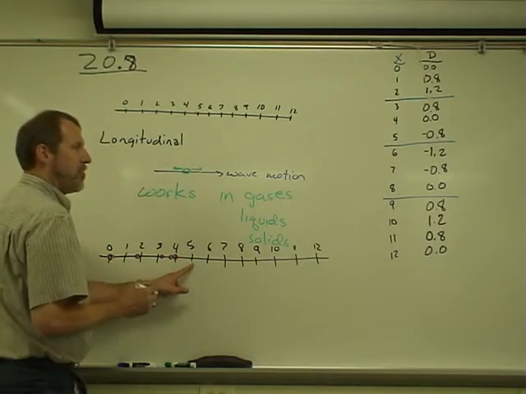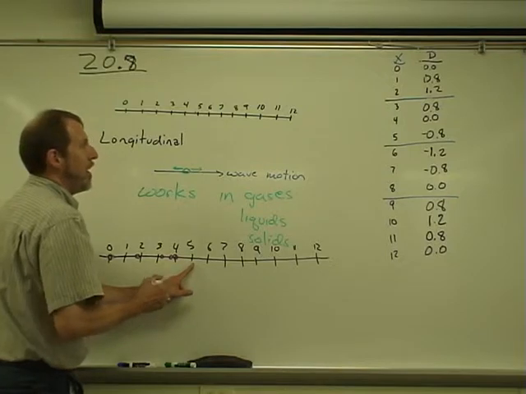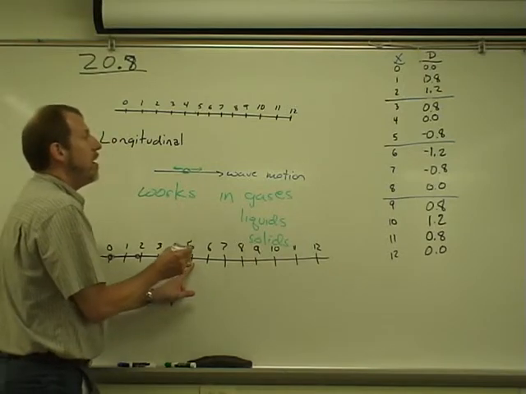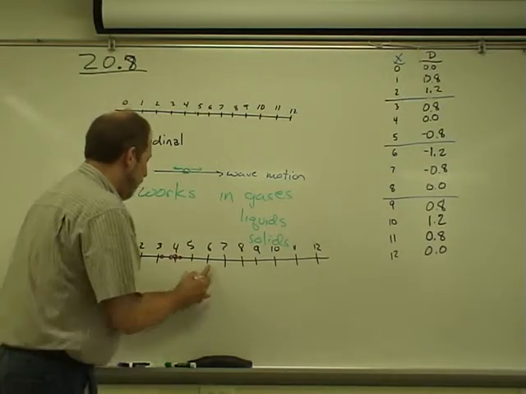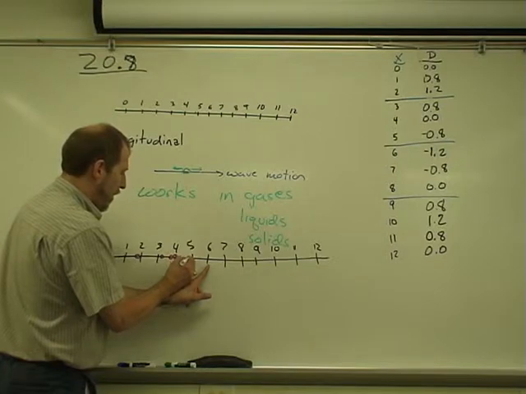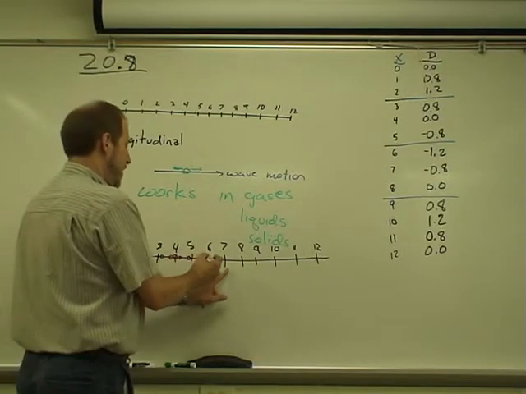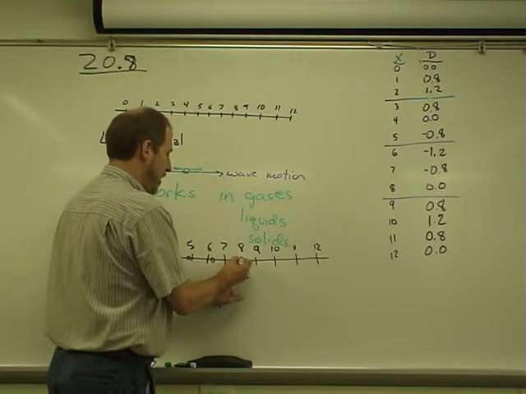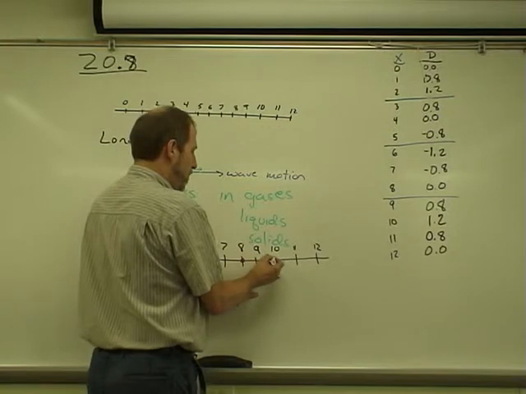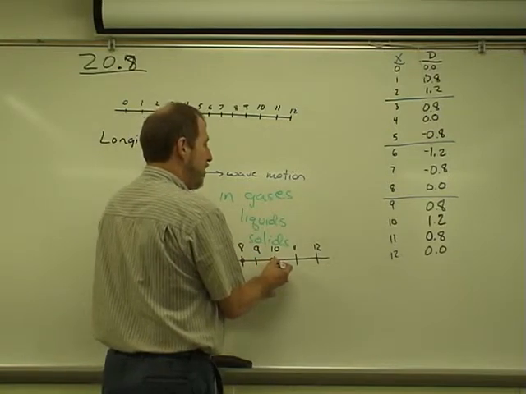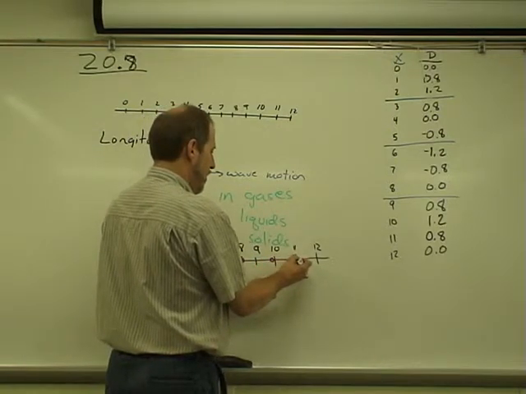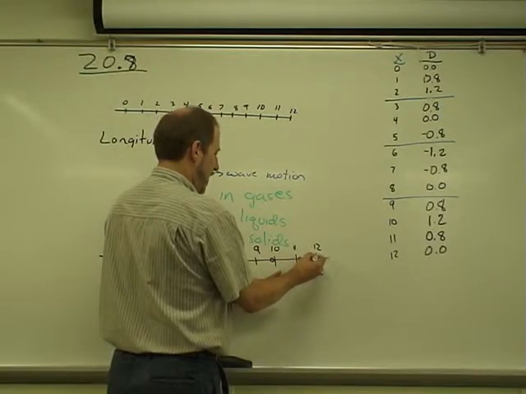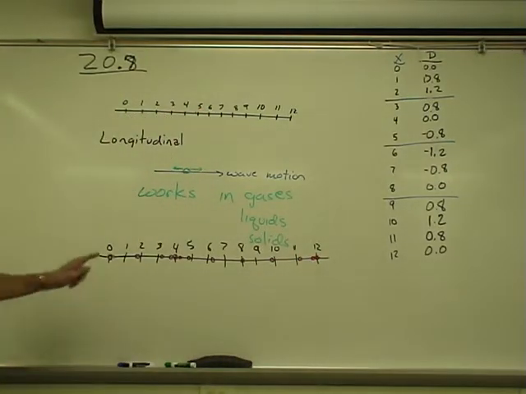The particle that started at x equals 5 has a displacement of negative 0.8, so that takes you to 4.2. 6, that object has a displacement of negative 1.2, so 4.8. 7, negative 0.8, or 6.2. 8, 0. 9, a displacement of 0.8. 10, a displacement of 1.2. 11, a displacement of 0.8. And 12 at rest.